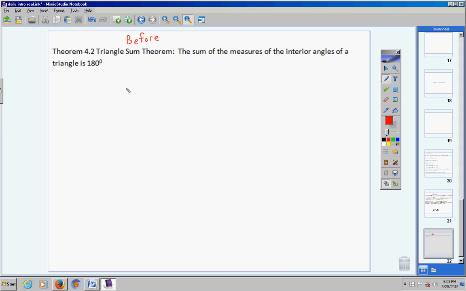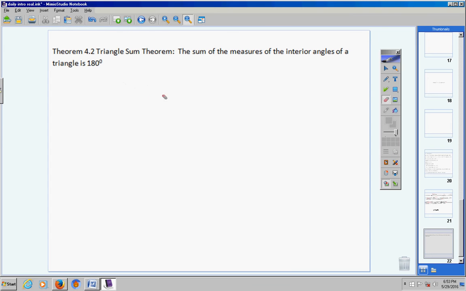So theorem 4.5 came after theorem 4.2, so you cannot use that when proving a theorem. Okay, let me say that again. When you're proving a theorem, you must use information that comes before that theorem, not after it.